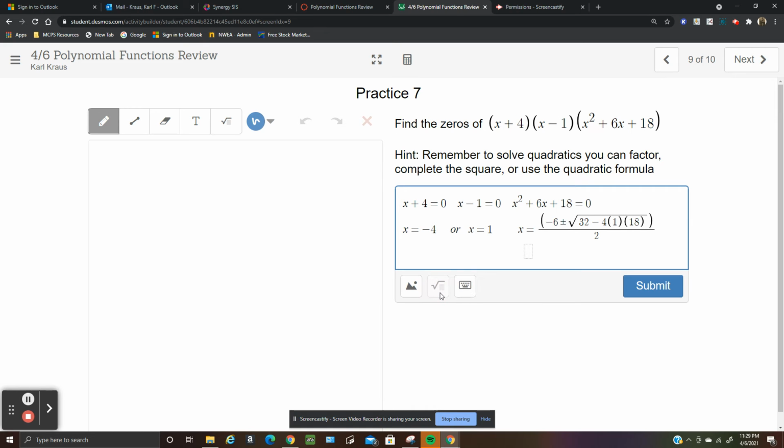And doing the math inside the radical, negative 6 plus or minus the square root of 32 minus 4 times 18, which would be 72.